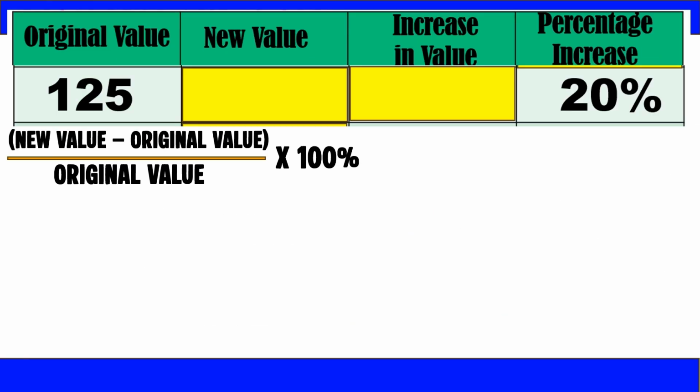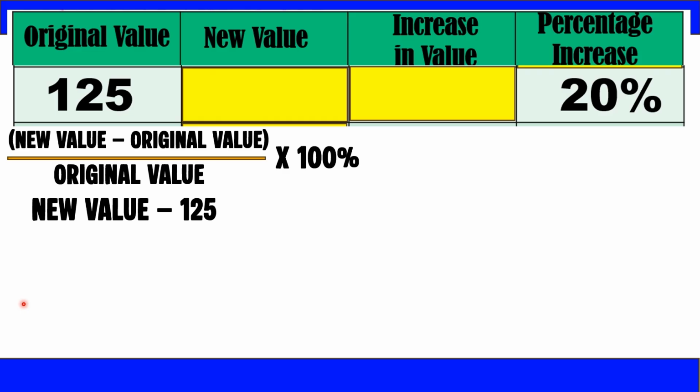Okay, we have the next example. Given in this table are the original value, 125, and the percentage increase, which is 20%. The missing values are the new value and increase in value.